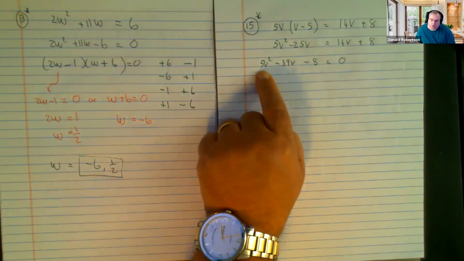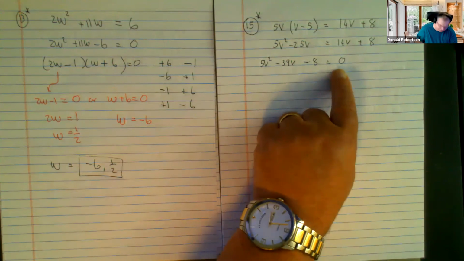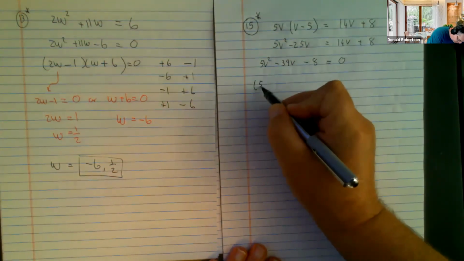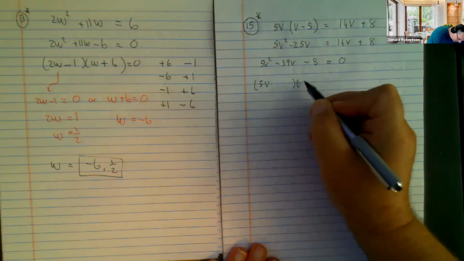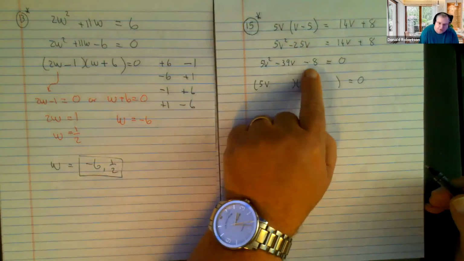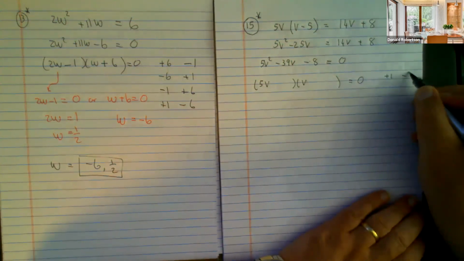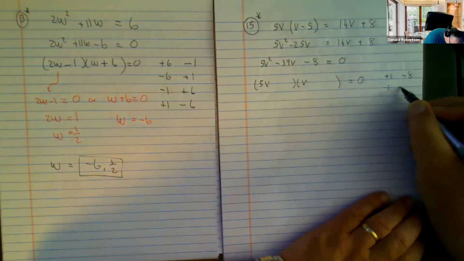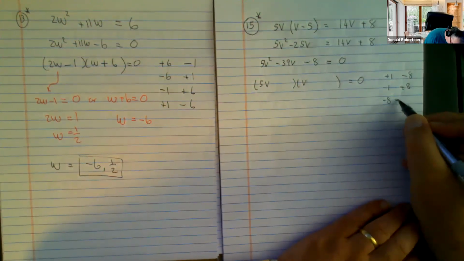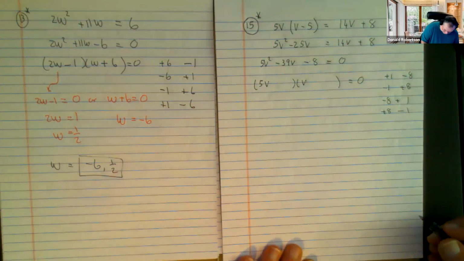So my first goal is to get the entire quadratic equal to 0. Now, since that is 5v squared, I know that's going to be a 5v, 1v split. I know this number is -8. So basically, I'm going to try +1, -8, -1, +8. Then I'll switch places. So there's 4 combinations.